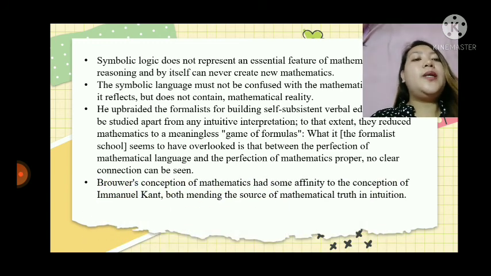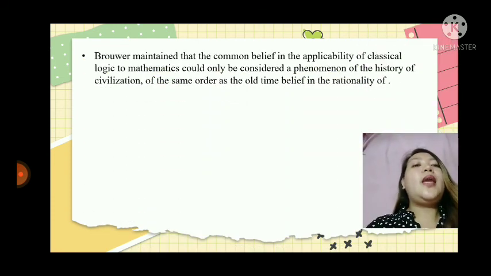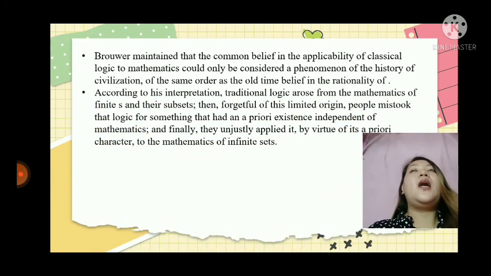Brouwer's conception of mathematics had some affinity to the conceptions of Immanuel Kant, both locating the source of mathematical truth in intuition. Brouwer maintained that the common belief in the applicability of classical logic to mathematics could only be considered a phenomenon of the history of civilization, of the same order as the old-time belief in the rationality of pi.